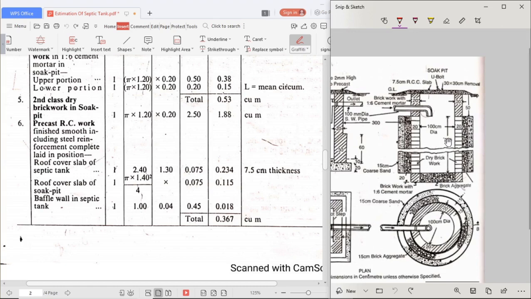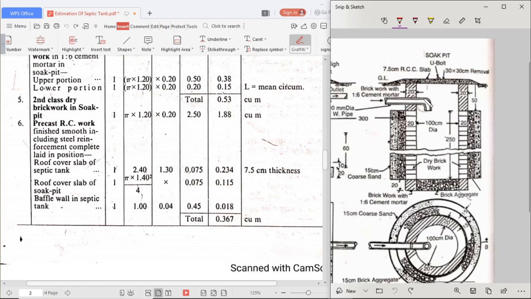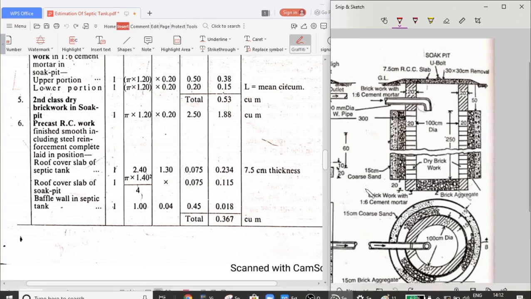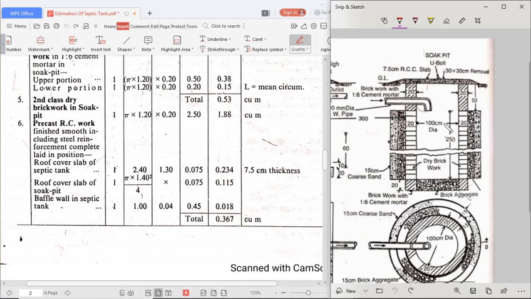Now for the soak pit, see here, same. As it is circular, you have to calculate area into depth or height to get the quantity. For the area we want the diameter. This diameter we know, 100 plus 20 plus 20, it will be 140. So how do we find the area?